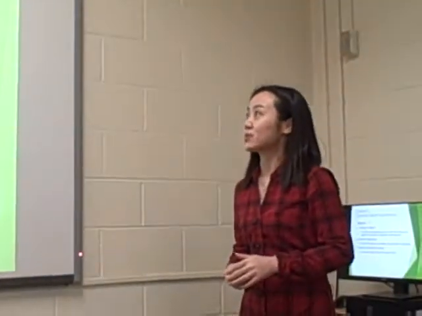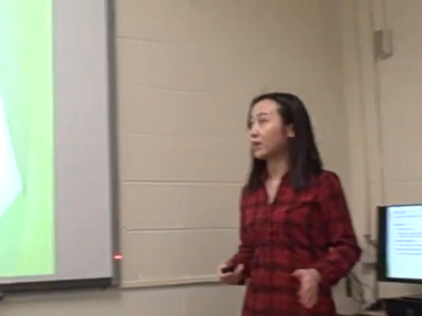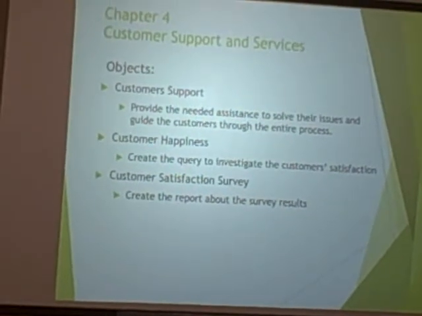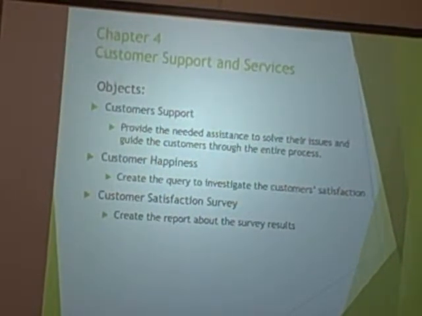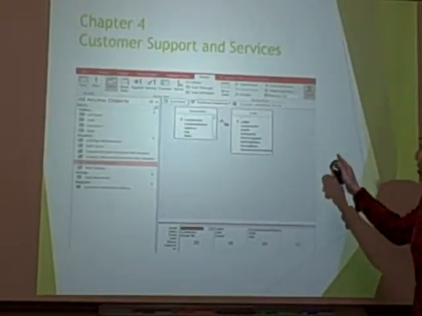Right now I'm going to talk about our company's customer support and service. Our customer service provides the needed assistance to solve customers' issues and guide them through the entire process. We really care about customer happiness, and we would like to do something about customer satisfaction surveys. Here, I'm going to investigate the customers' satisfaction in Access.